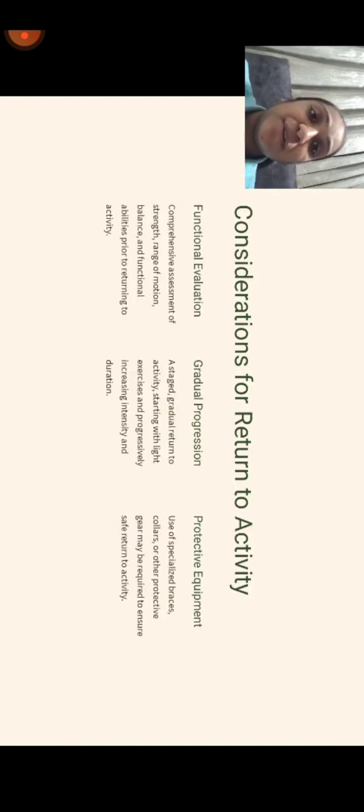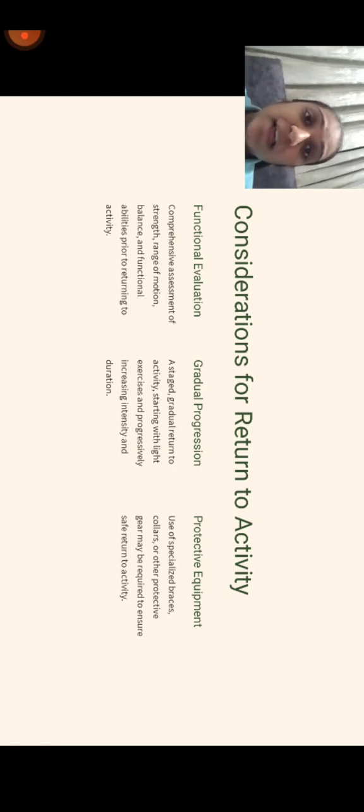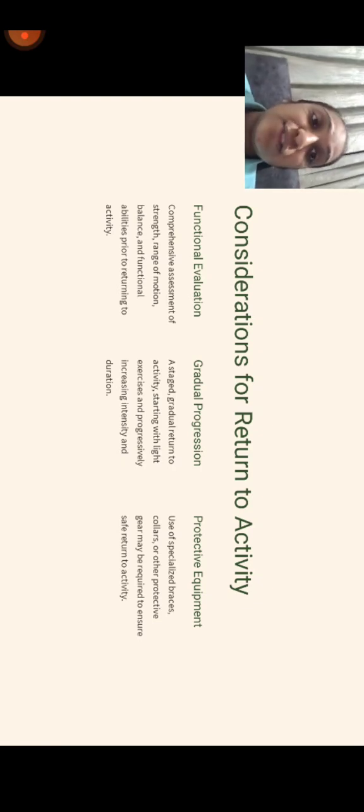Monitoring and follow-up care: radiographic evaluation, neurological assessment and physical therapy progression. Considerations for return to activity: functional evaluation, gradual progression and protective equipment. In functional evaluation, a comprehensive assessment of strength, range of motion, balance and functional abilities.